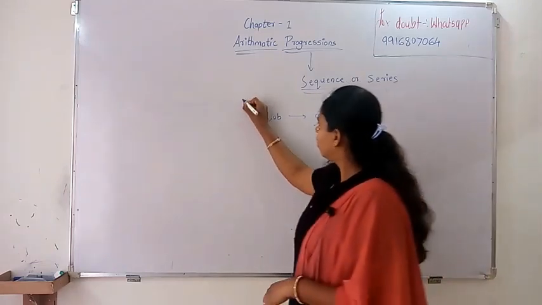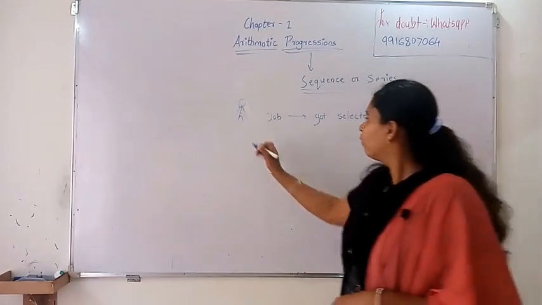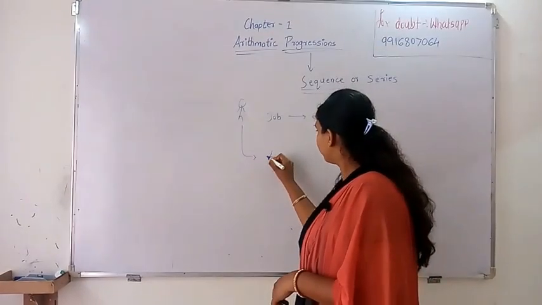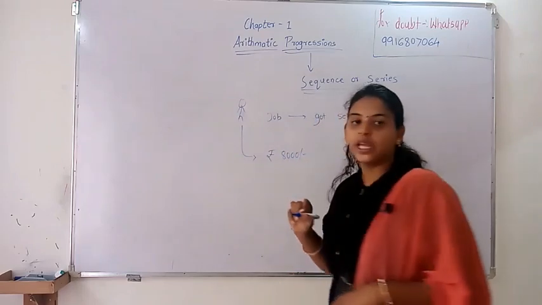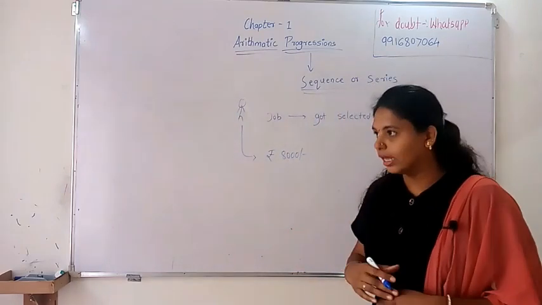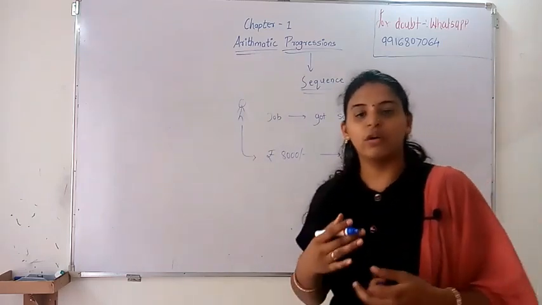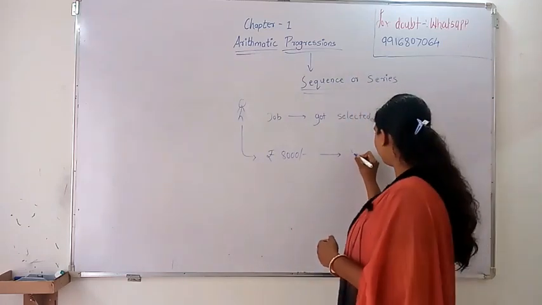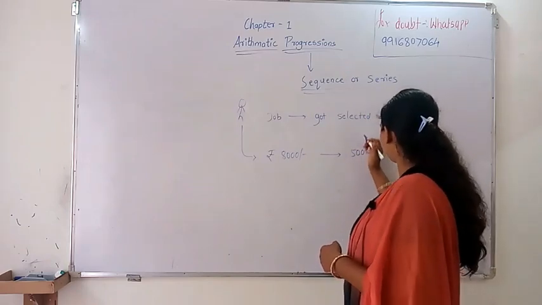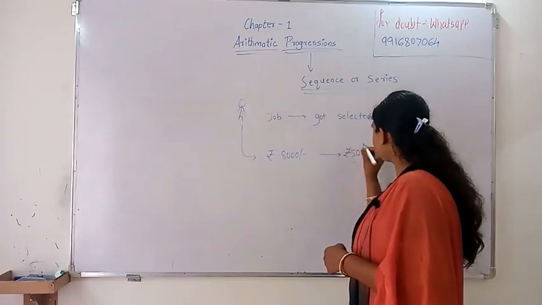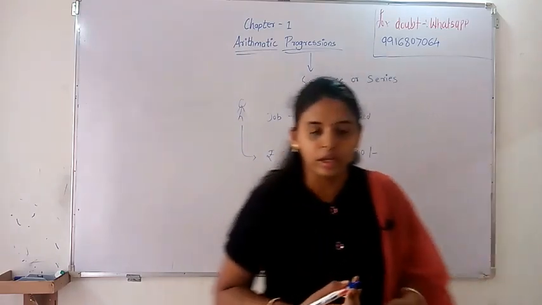Then that girl is being paid monthly rupees 8,000, and the increment after 1 year will be 500 rupees.